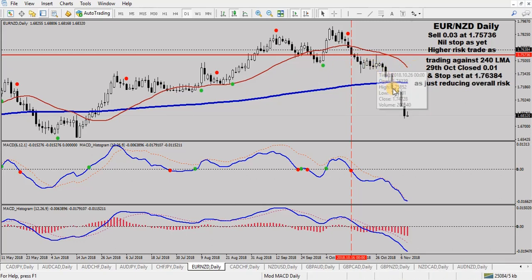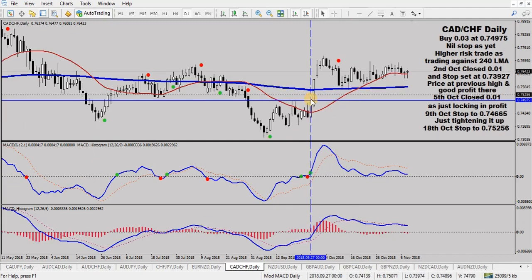It was a high risk trade, so it's dropped nicely and looking pretty good on that. CAD Swiss, took a buy back here, went up and fast MACD's close to crossing the zero level a few times, but it hasn't. I've already closed out 2/3, stops up above the entry level, just going sideways, so quite happy to stay in that for now.